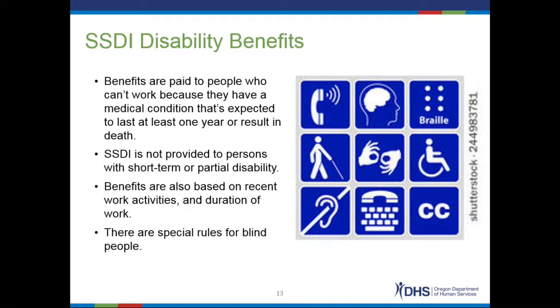So let's say you're taking short-term disability benefits for an injury or for a surgery and recovery from that. Those persons cannot get SSDI. It has to be basically a permanent disability. Benefits are also based on recent work activities and duration of work, and there are special rules for blind people who need SSDI.